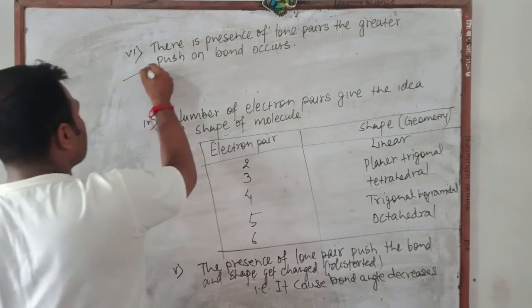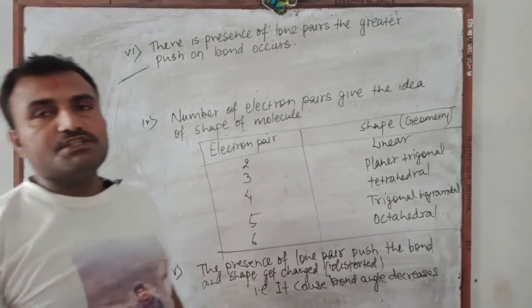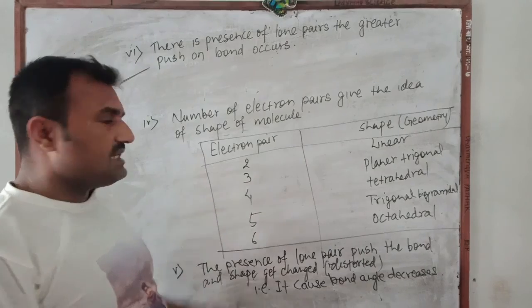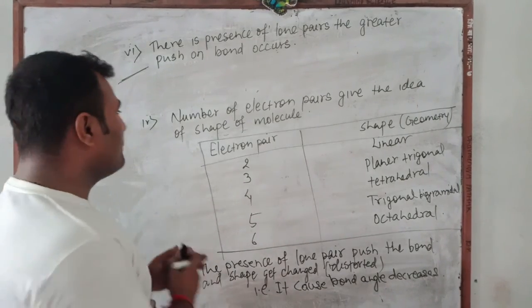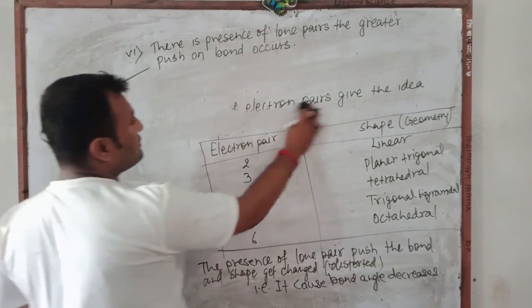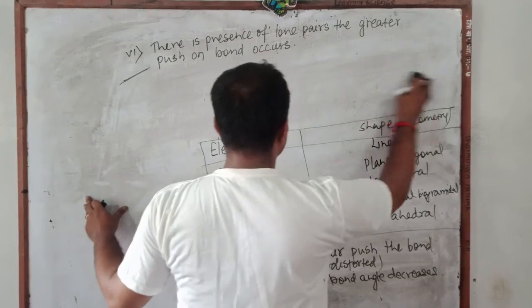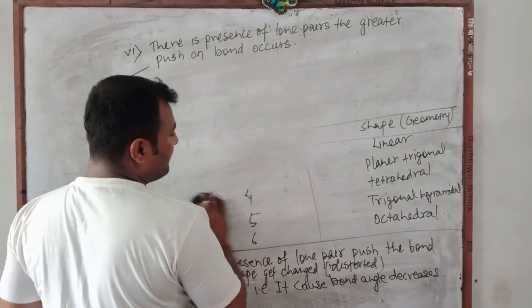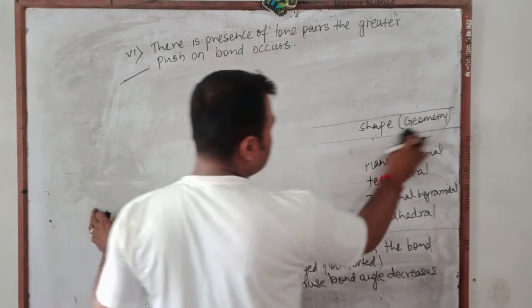And this theory helps to explain that if there is no lone pair, then the shape is like that. If the number of lone pairs increases, then it causes more disturbance, and different molecules have different shapes.